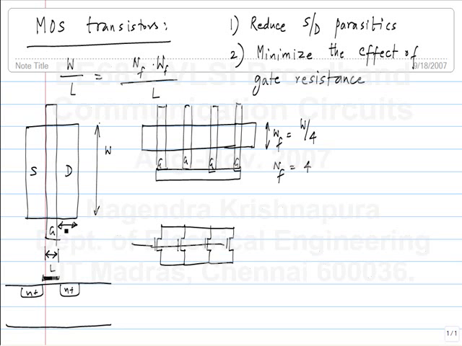So this length, that is length of this piece of diffusion, I will call it LD. Now this is a reverse bias junction. During normal operation of the MOSFET, these two will be reverse bias junctions, and a reverse bias junction for the most part can be modeled using a capacitance. Okay, as far as we are concerned, the effect is that of a capacitance.